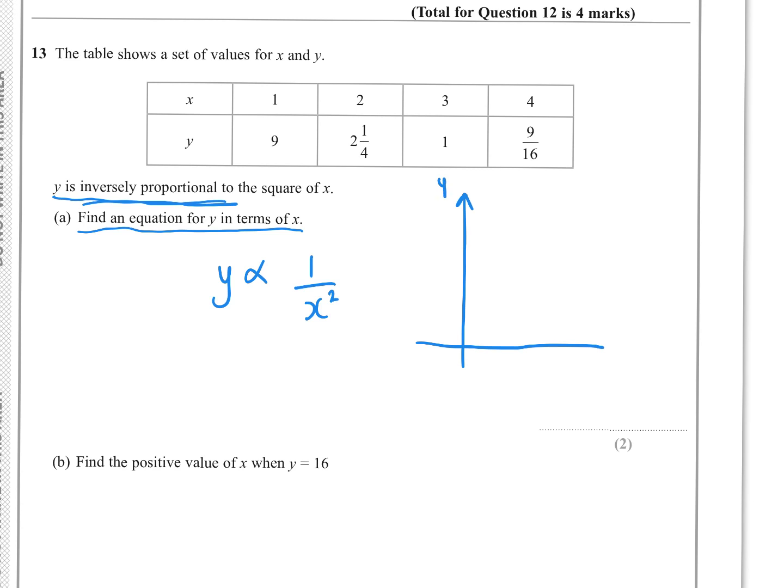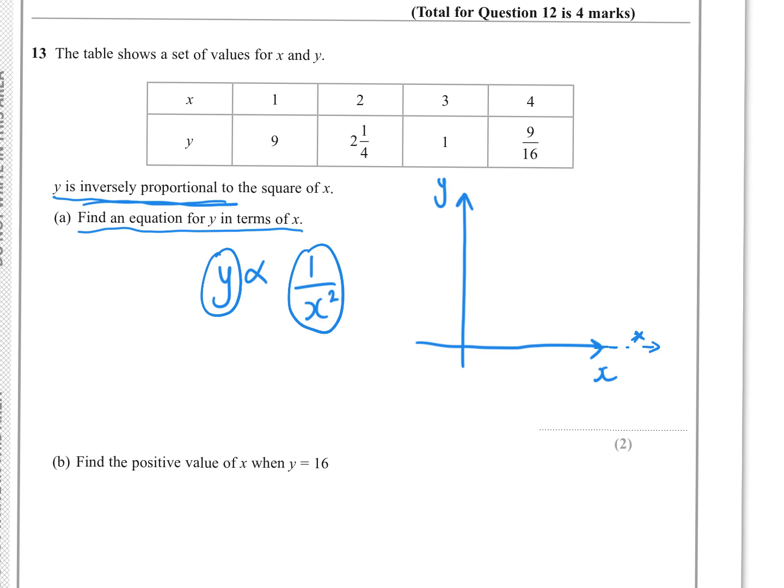So if we draw our y-axis and our x-axis, we know then that when x is very large in here, that y would be very small. Okay, so we know that if x was very large, say right up here, a large number, we know that y is very small. But then when x gets very small, we know that 1 over something very small is quite large.